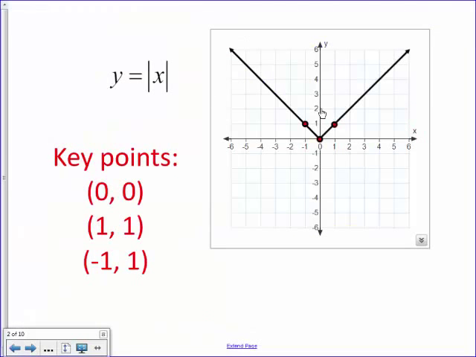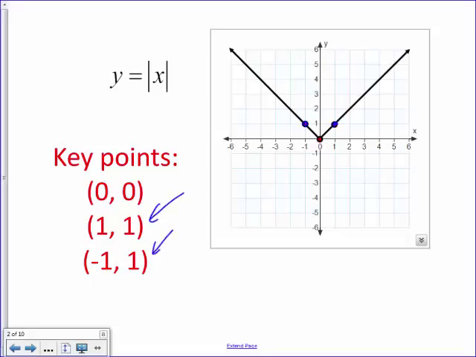And if we take a look, I've got a graph right here. The biggest thing, same thing with parabolas and our square root family, is that it's good to know at least 1 or 2 points on each side. For example, 0, 0 is the vertex here. And if I plug in a 1 or a -1, I get 1. So I've got that graphed. These are some key points to know.